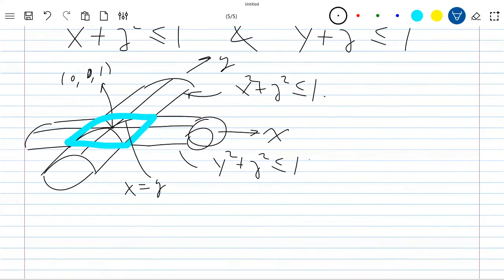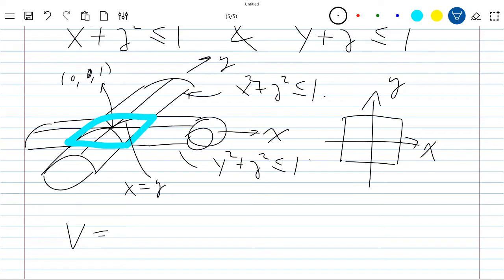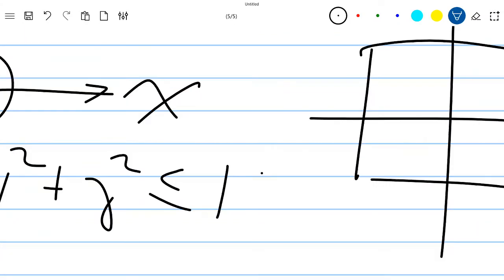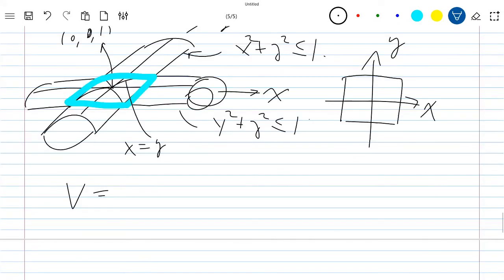So how to find out volume? Well, by symmetry, it has the upper half and the lower half. In the upper half, it can be divided into 4 quadrants. If you do x and y, everything is in this square, negative 1 to 1, and negative 1 to 1. So let's consider what happens in this first quadrant.